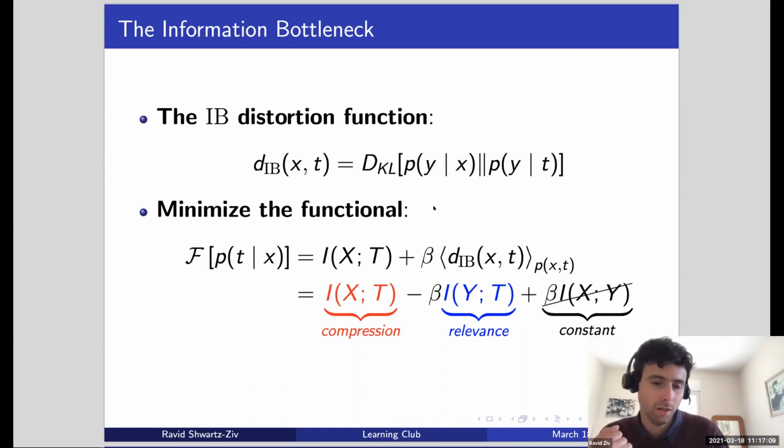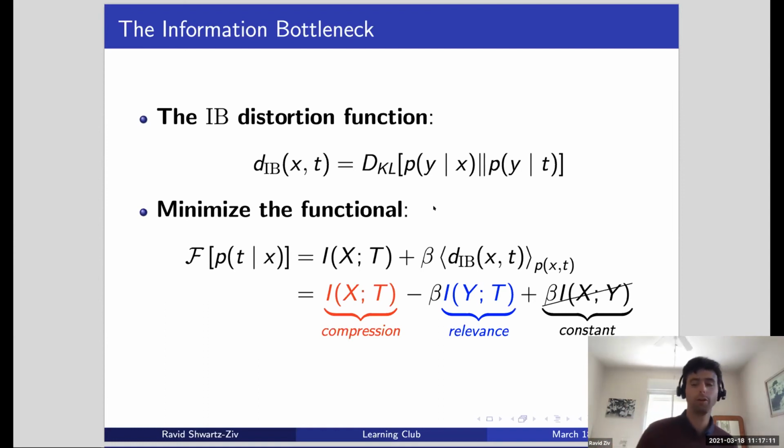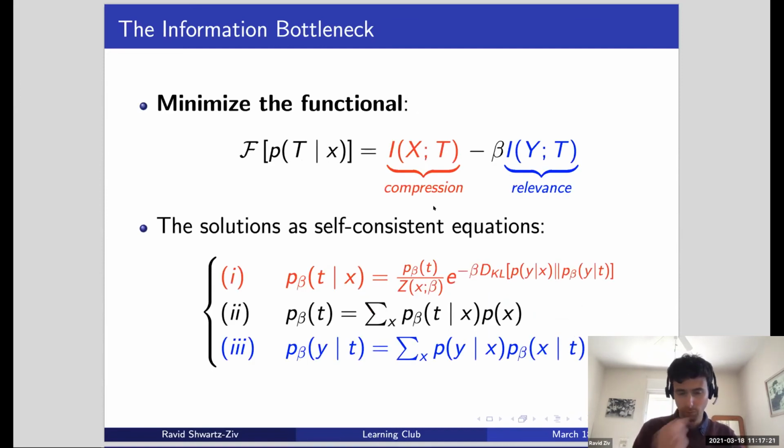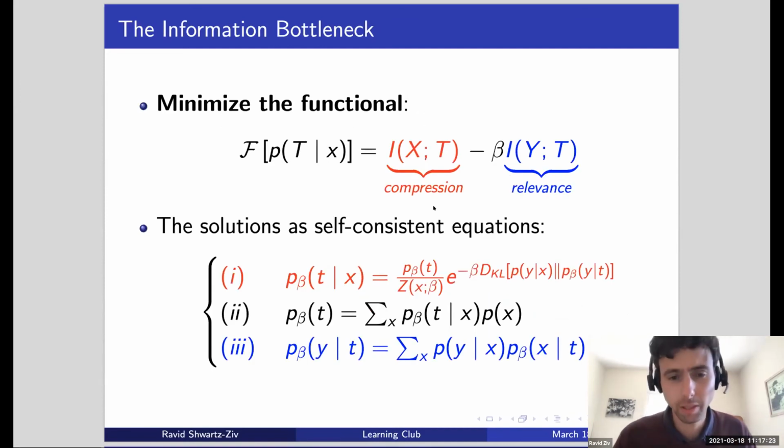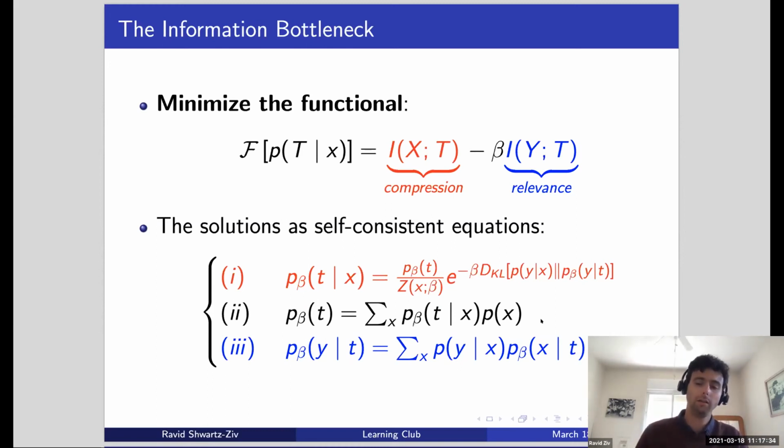So we want to minimize these two terms: we want to compress the information with the input, and we want to keep the relevant information about the label. In the original paper, they showed that you can get an optimal solution by self-consistent equations for the encoder and for the decoder.